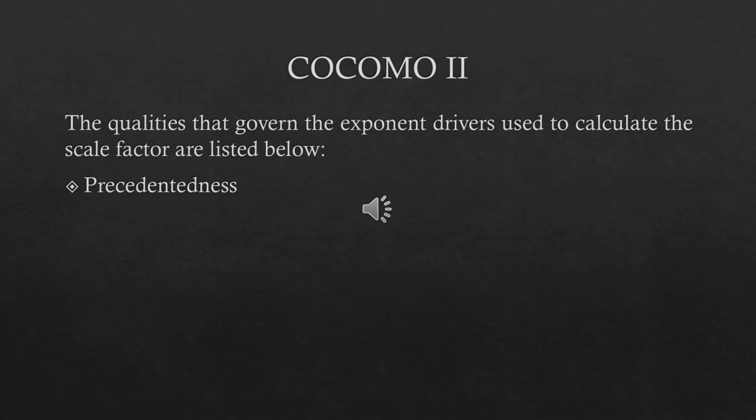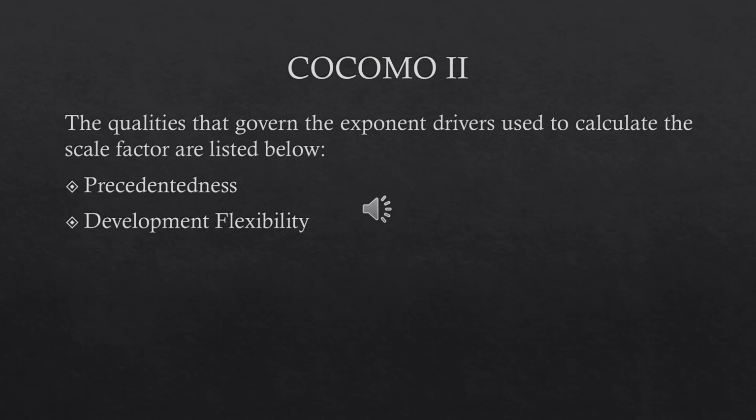There are similar software systems we developed in the past for the project that is being planned. The greater the novelty of the new system, the more uncertainty there is, and the higher the value given to the exponent driver.